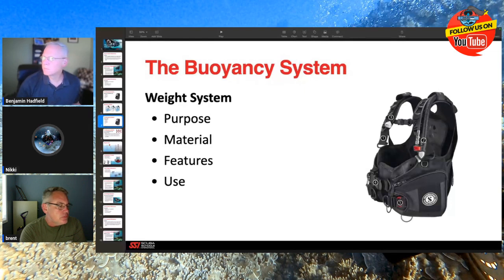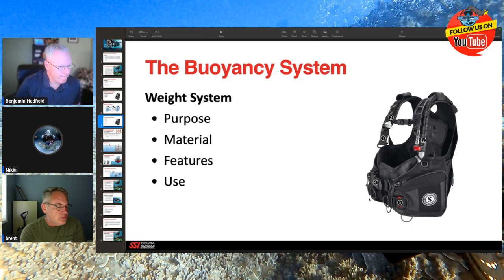So as for types of material, we can have lead in little nylon or fabric bags, or we can have a solid weight. And I've seen them either like in this photo, once again, the integrated weight pockets, or I've seen people use them as a weight belt, and we can certainly go over pros and cons with that.